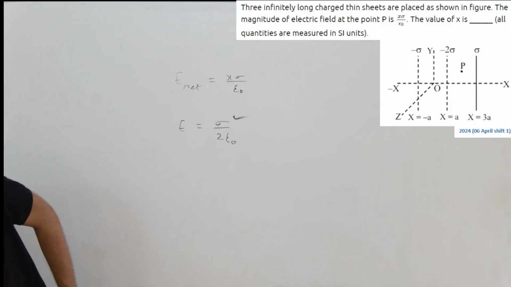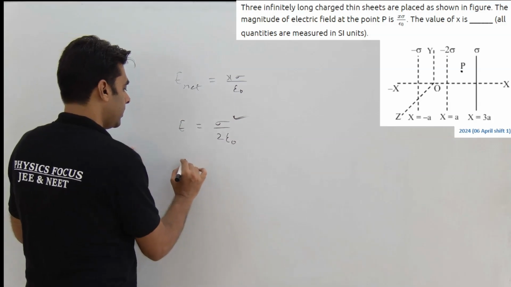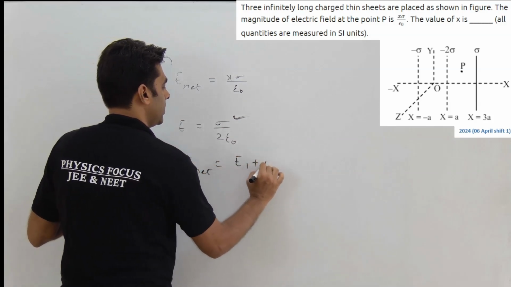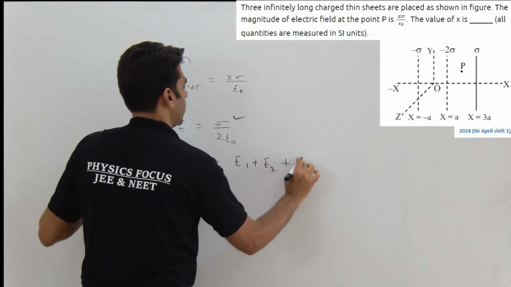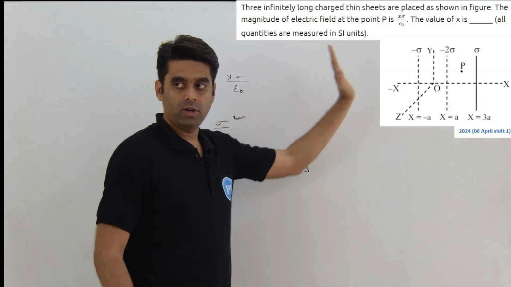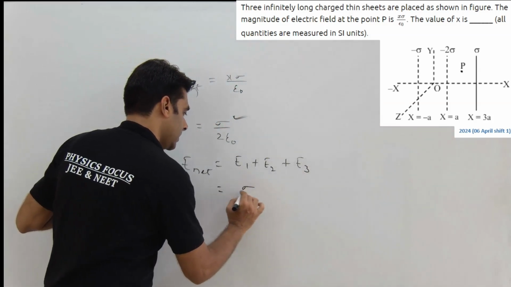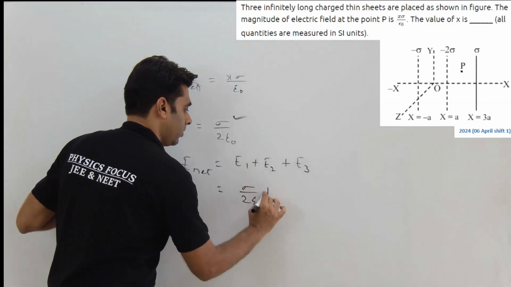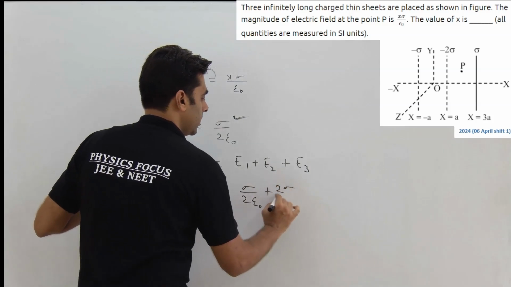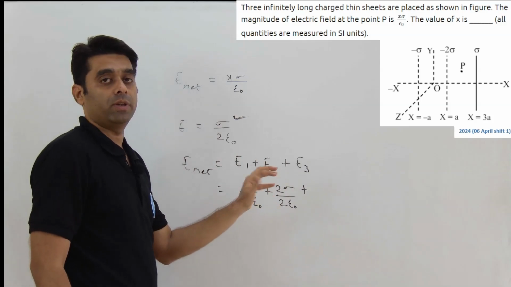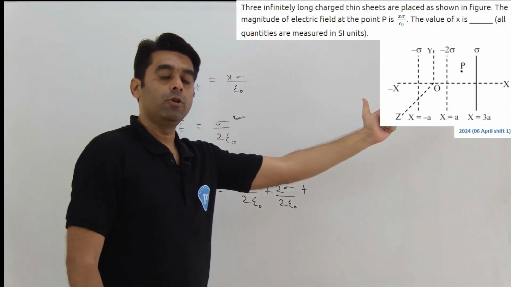Now let us write down. E net can be written as E1 plus E2 plus E3, going from this side, 1, 2, 3. E1 will be sigma by 2 epsilon naught, E2 will be 2 sigma by 2 epsilon naught, and the third will be sigma by 2 epsilon naught. I am writing the magnitude part only here; the direction we have discussed is negative x for all three sheets.